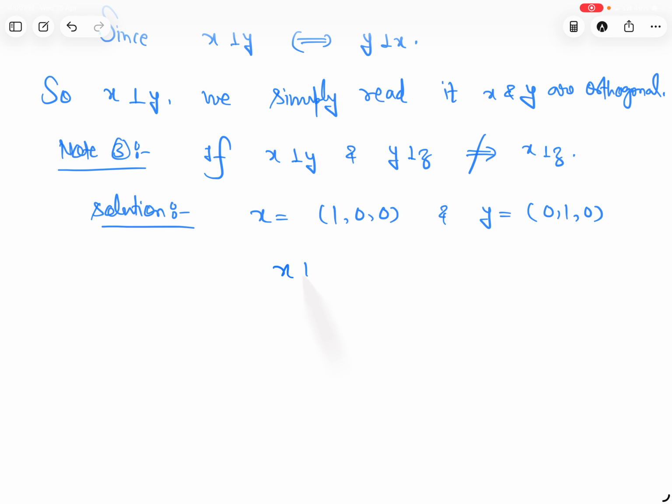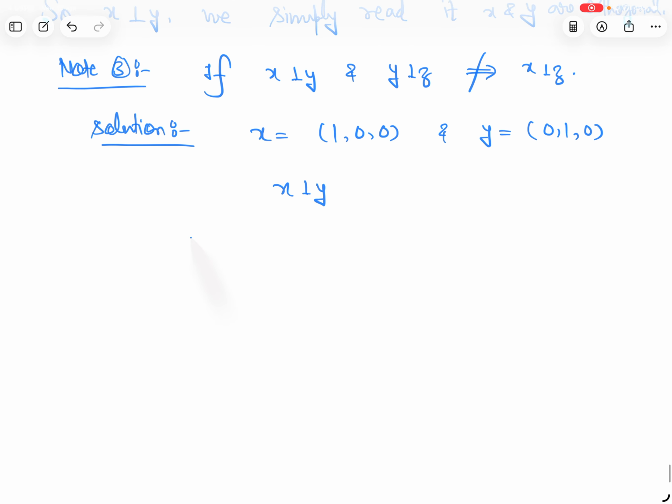So x is orthogonal to y. Okay. So z I am taking (-1, 0, 0). Then y is orthogonal to z also. But x is not orthogonal to z. Okay.